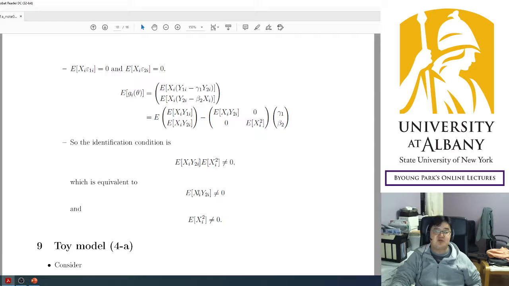So the correlation is non-zero, which is the relevance assumption. And second, the variance of x is non-zero, which is the full rank of the instrument, right? So that is what you can see from the models.